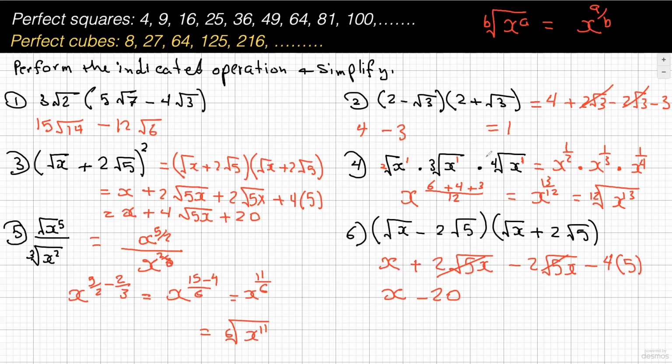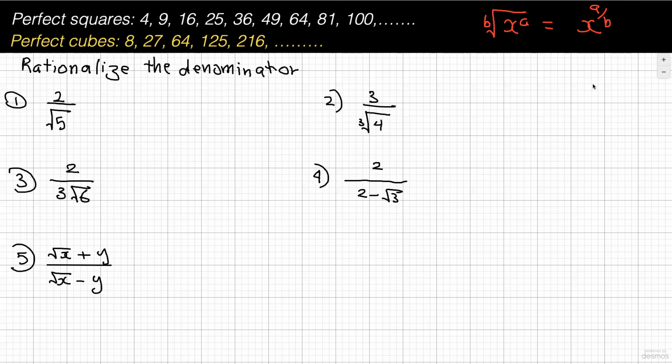Okay. Now we're going to go to rationalizing denominators. So here, rationalizing the denominator. What does that mean? It means that we want a rational on the bottom of the fraction.